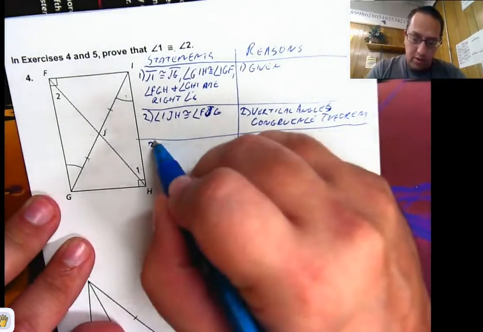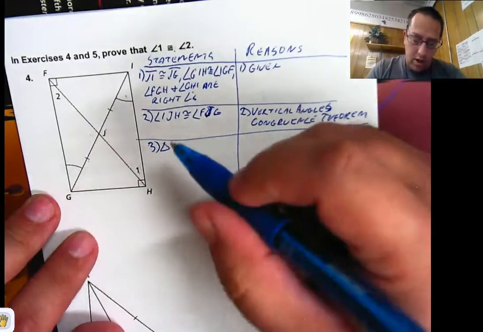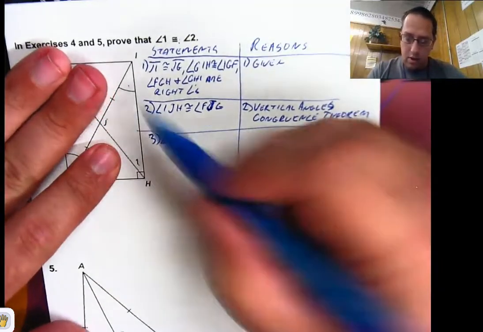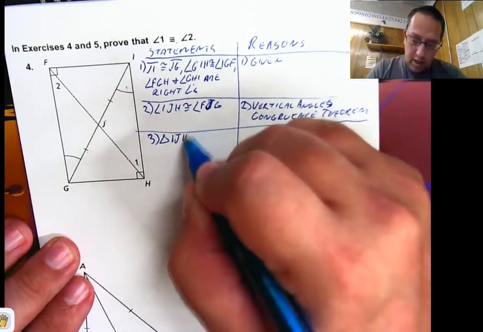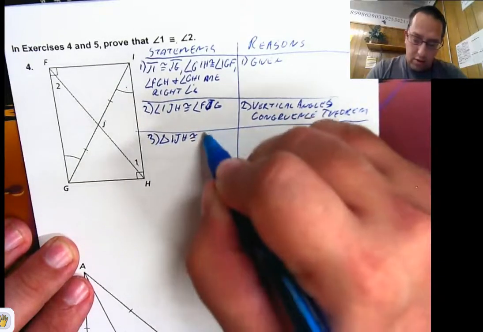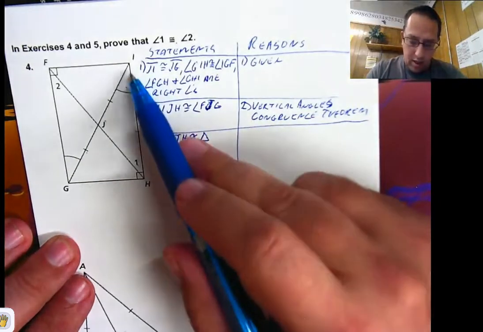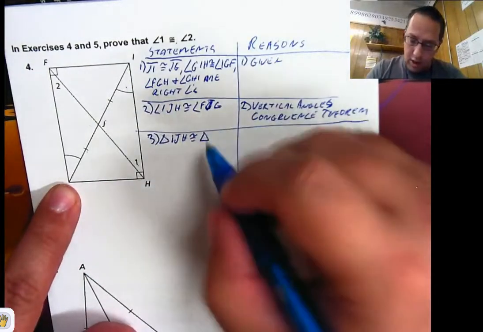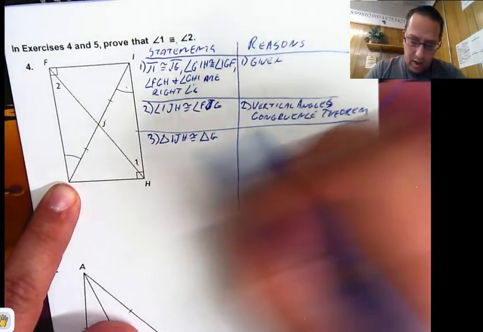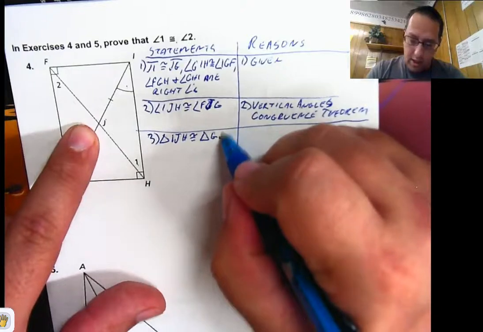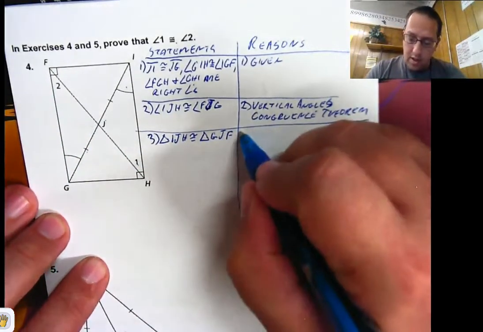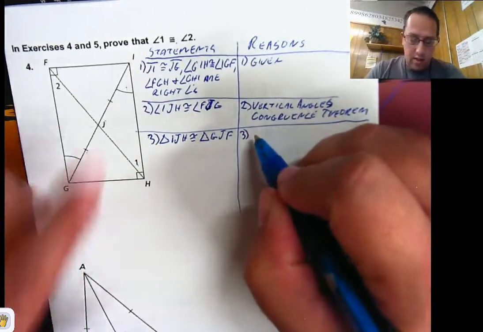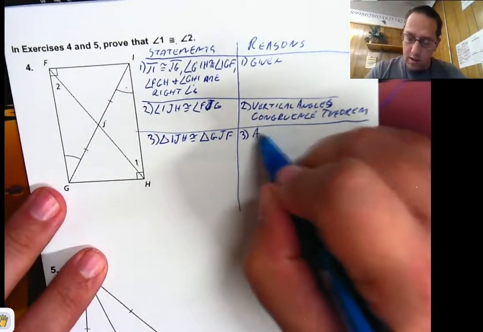So triangle, and I'm just looking at these little triangles here. Triangle IJH is congruent to triangle, let's see, I corresponds with G, and J corresponds with J, and H is going to correspond with F. By the, what was it, angle, side, angle, ASA.